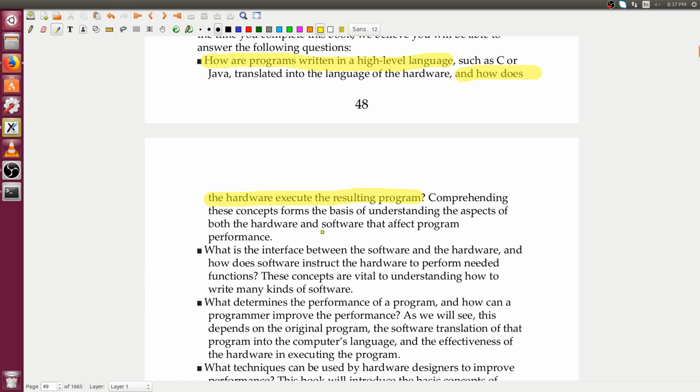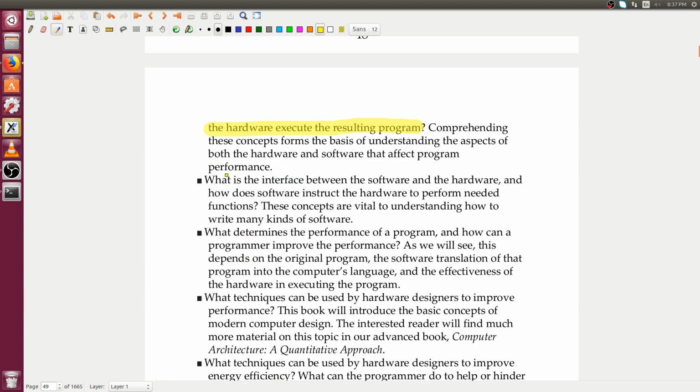Okay. So let's see. The next thing we're going to learn is the interface between the software and the hardware. Pretty interesting. We're going to learn what determines the performance of a program, and how a programmer can improve the performance.